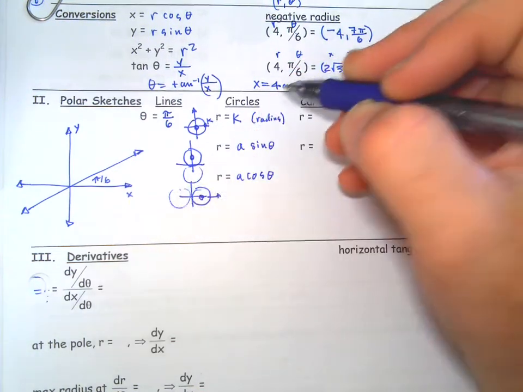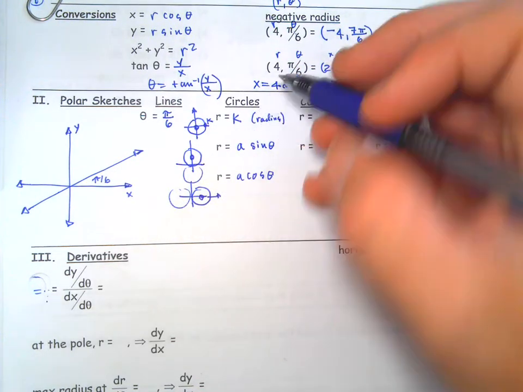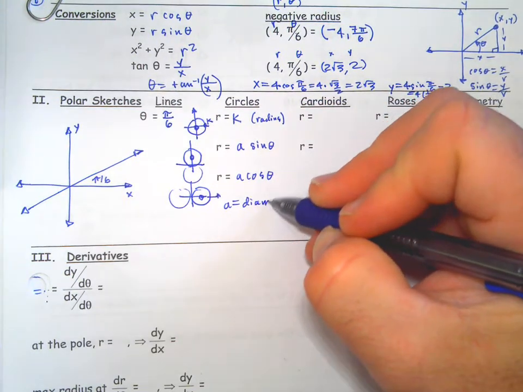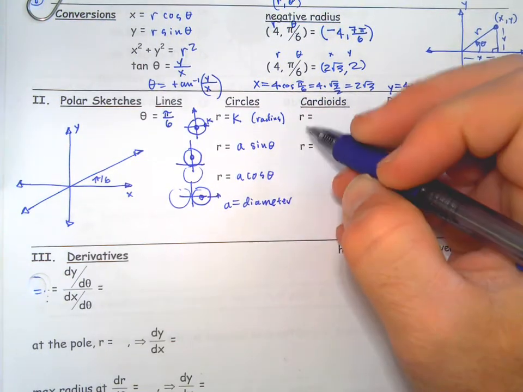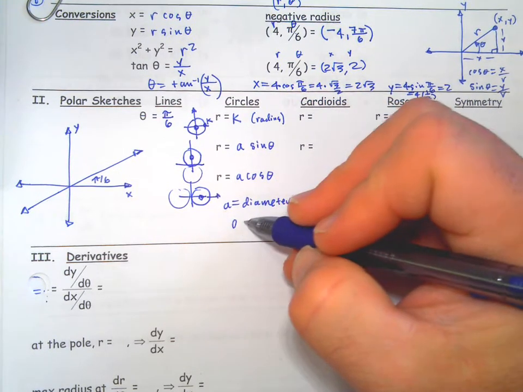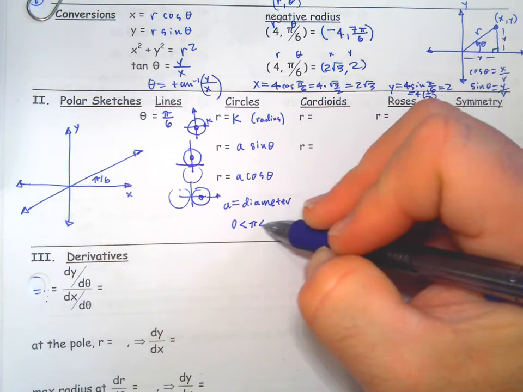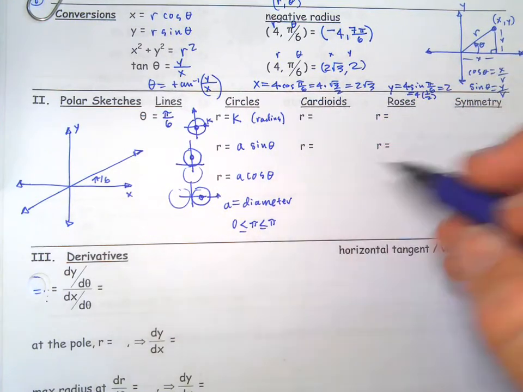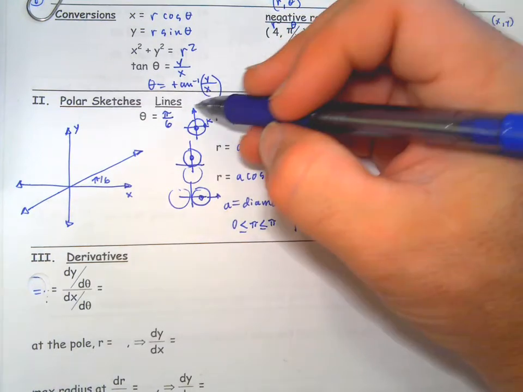It could also be over there. And in these scenarios, a equals the diameter, and you only need 0 to pi to graph the whole thing, whereas most of the other shapes need 0 to 2 pi.